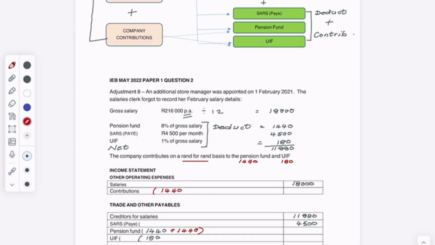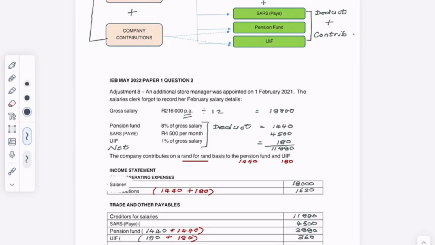And then the UIF, the company is also contributing to the UIF, and that money also has to be paid over, so it's in trade and other payables. So here your total is 2,880, and this is 360 Rand, and the company contributions come to 1,620 Rand.